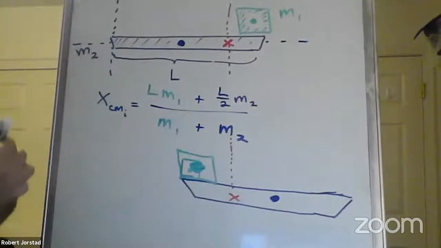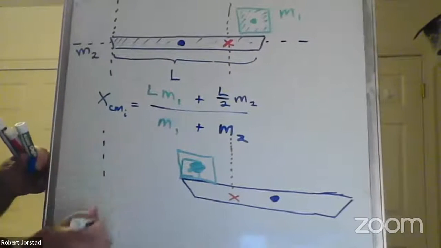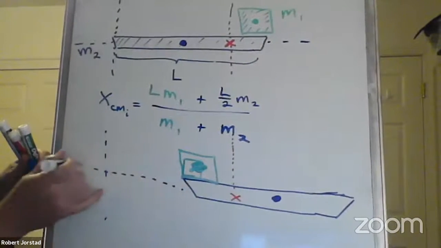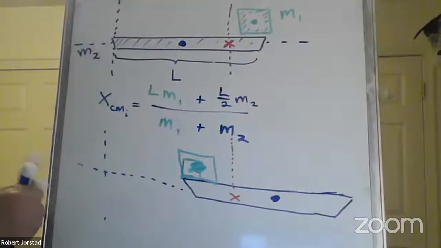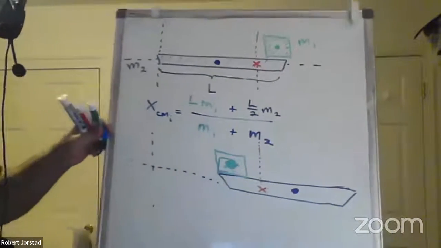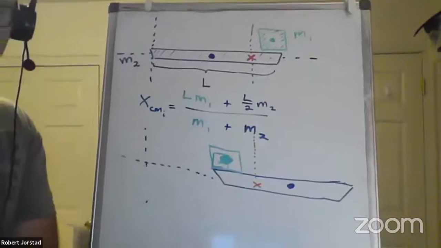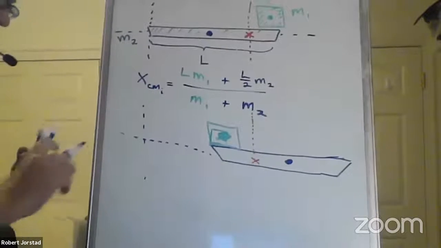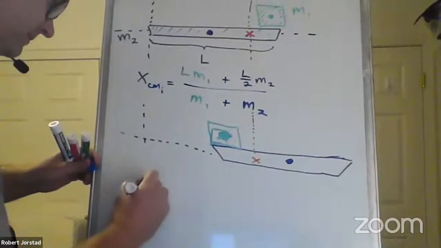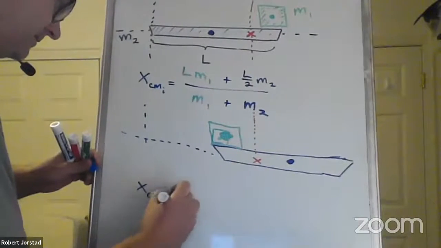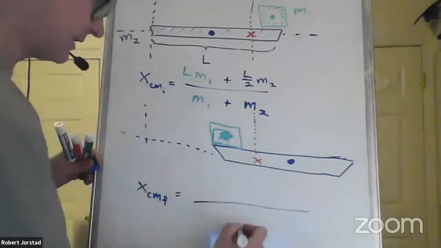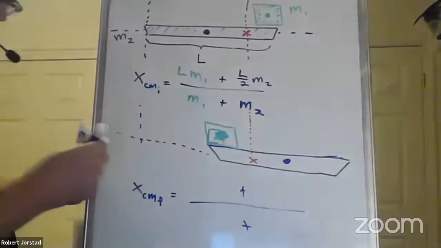However, our coordinate system over here shows us that we didn't get all the way to the dock. If I write the X center of mass final, I'm still going to get two terms.